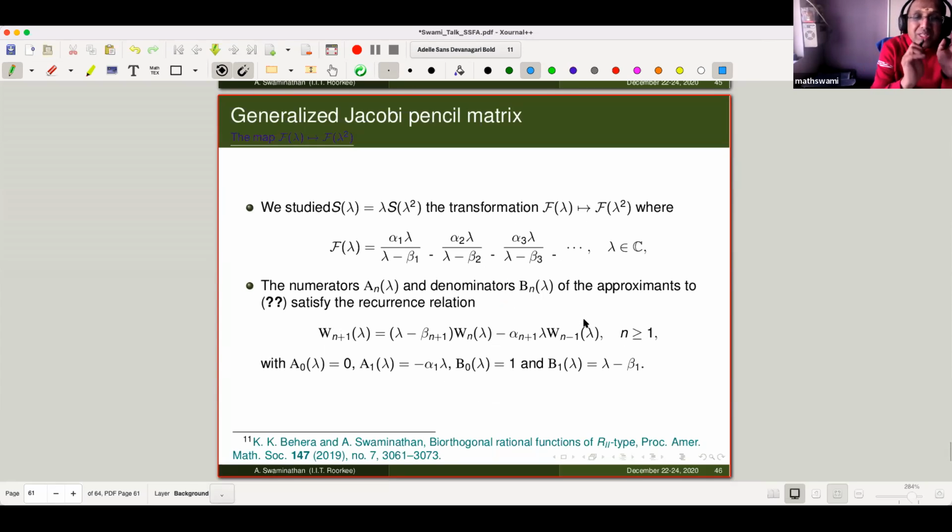Once we do it for the generalized polylogarithm, instead of this particular unwrapping, we have taken the unwrapping with reference to the related J fraction expansion, which follows from the G fraction, and we were able to prove that the numerator and denominator of this equation satisfy this particular type of three-term recurrence.